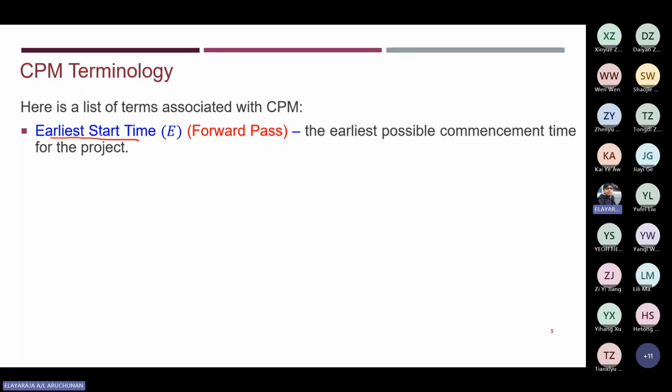Usually the earliest time is denoted by the capital E, and it is calculated in the forward pass. The earliest start is defined as the earliest possible commencement time of the project, how fast the project can be started. That we call the earliest start time.